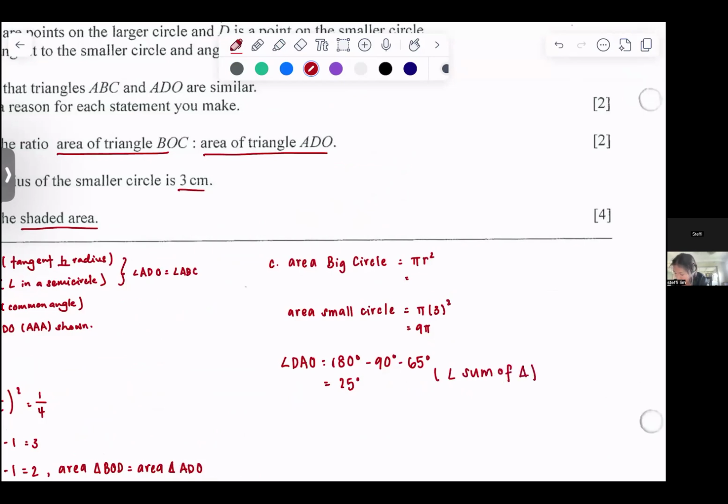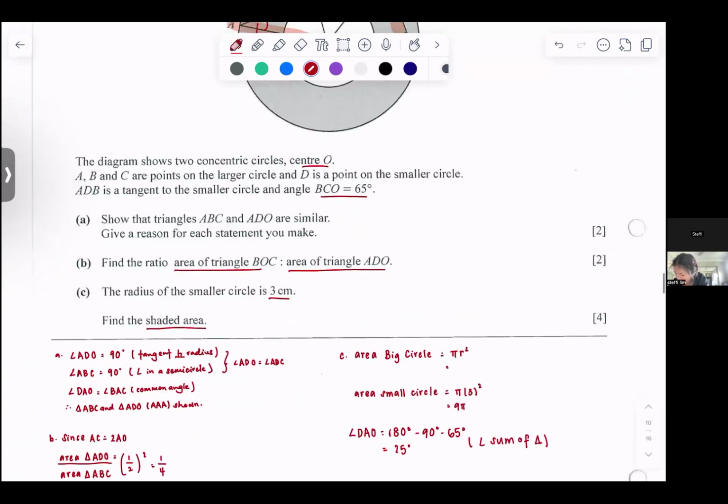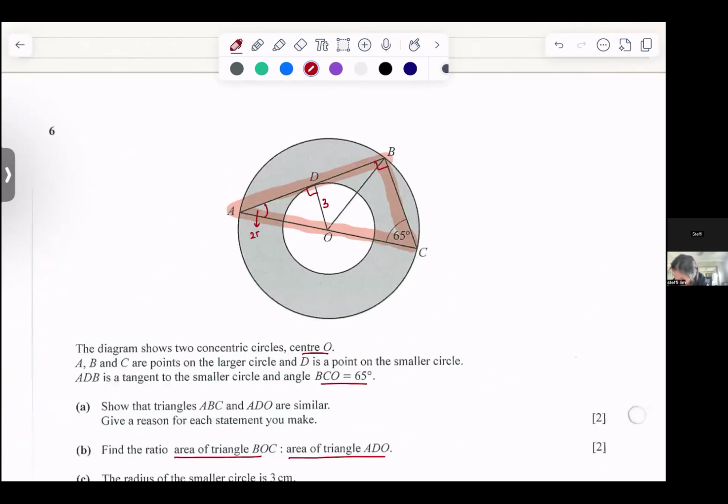Now this is our reference angle. We have our opposite, which is DO, 3 cm, and OA, which we want to find, is our hypotenuse, because this is our adjacent.